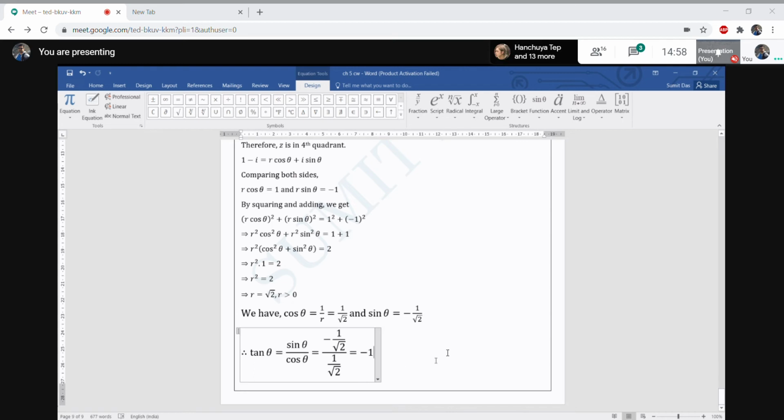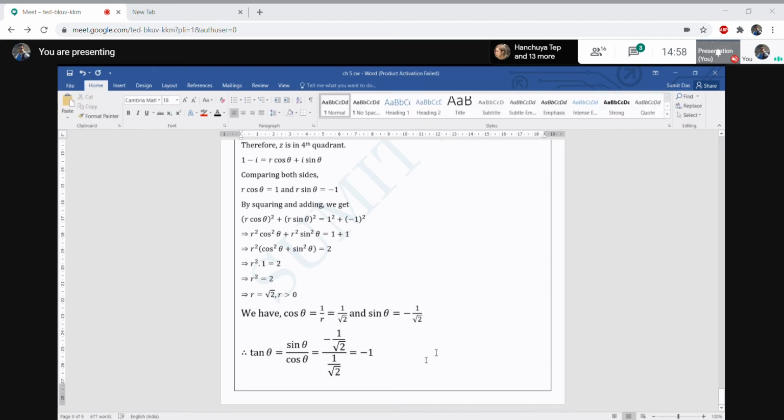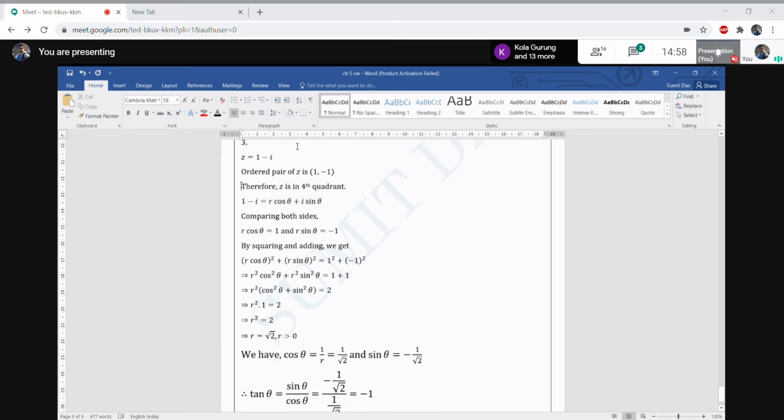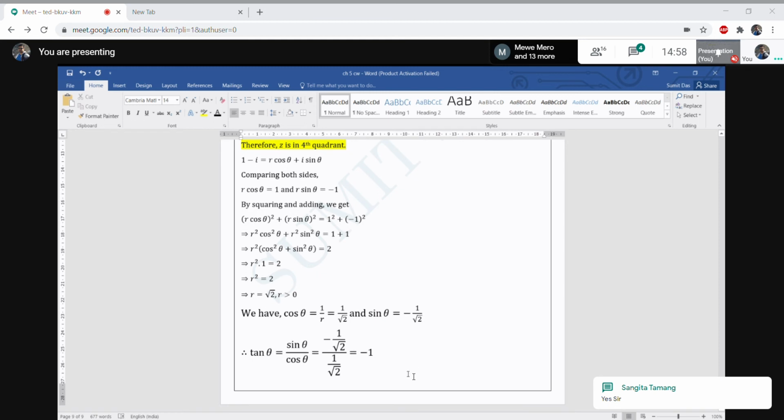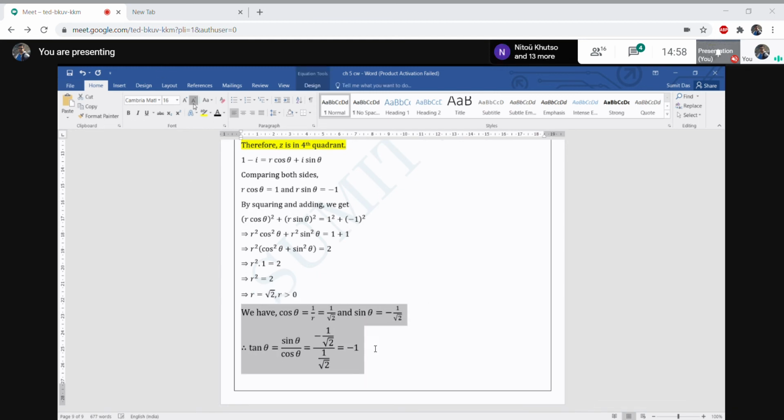Fine. So what will be the theta value? Theta we found here is in fourth quadrant, right? Fourth quadrant, tan positive or negative? Fast answer.